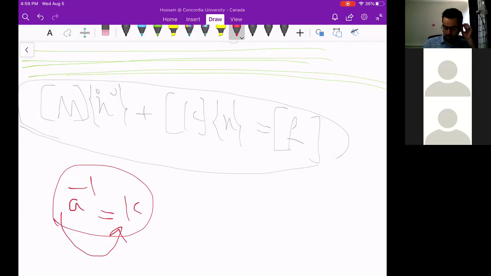The philosophy of why we do that is just to find K. And the teacher said in the exam, if he's asking for the stiffness matrix, he doesn't want you to use A inverse equal K. He said that in the class.